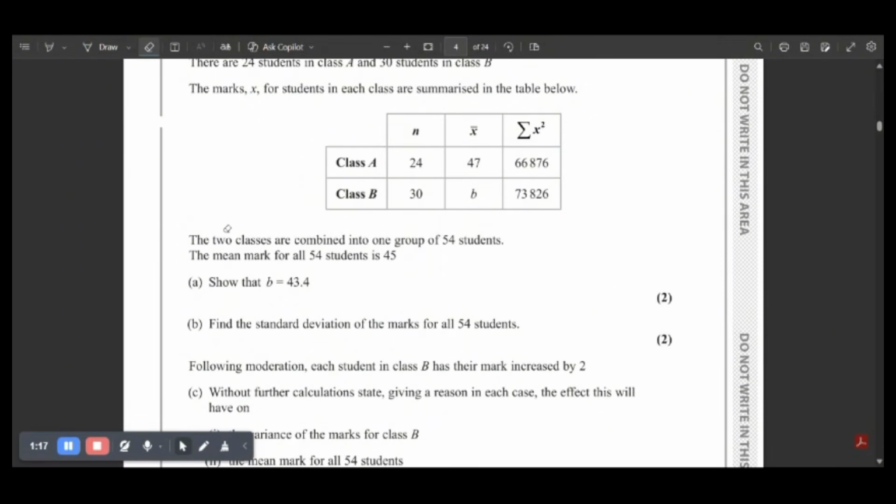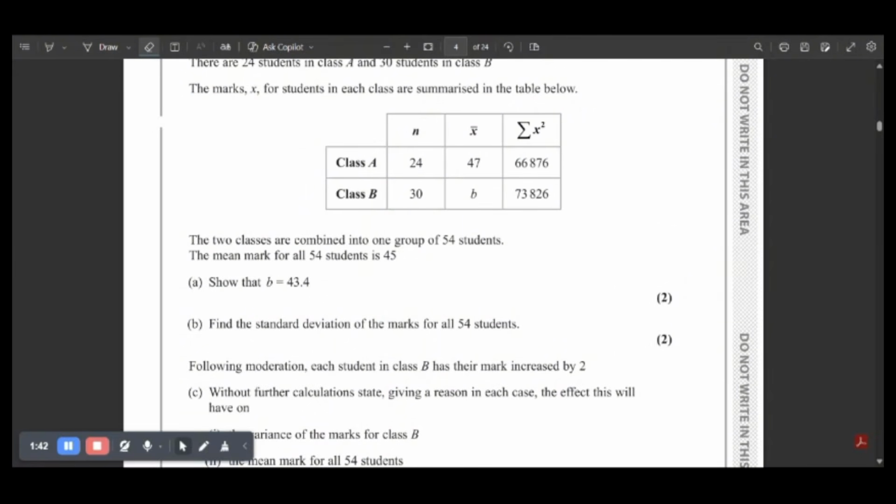The two classes are combined into one group of 54 students. So both classes are now combined. So their marks will also be combined when we have to find the mean, and when we have to find the standard deviation, and when we have to find the mean of the squares.